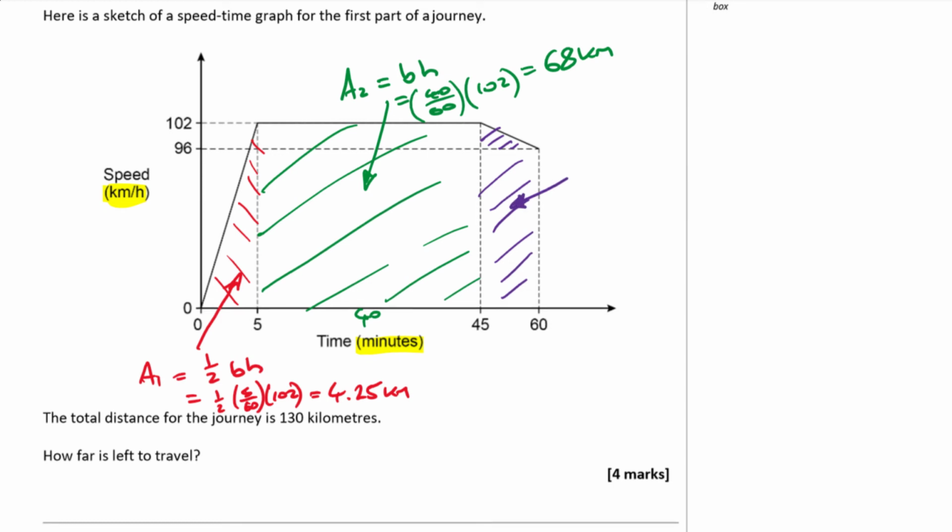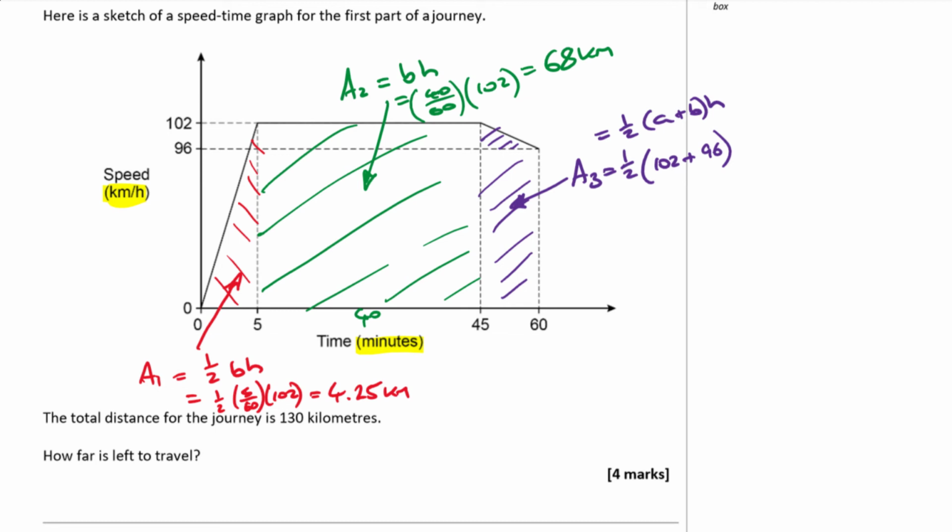And then finally, I've got this trapezium part. Now, like I say, you could break this into a triangle and a rectangle if you'd rather, but I think I can cope with a trapezium formula. It's half a plus b times h, isn't it? So it's going to be half of a, which is the first height, 102, plus b, which is 96, my second height, times the distance between them.